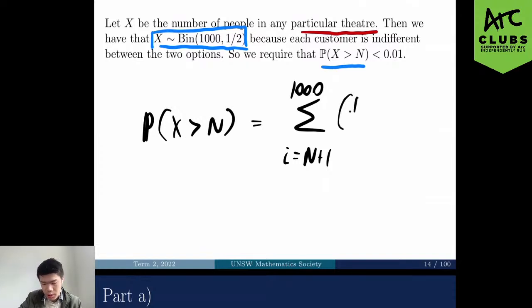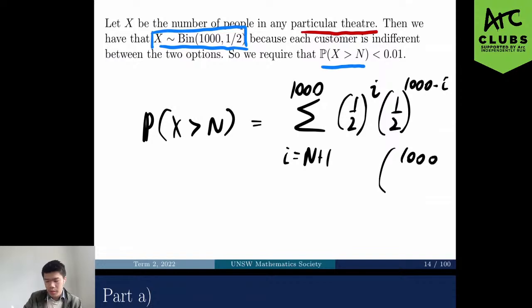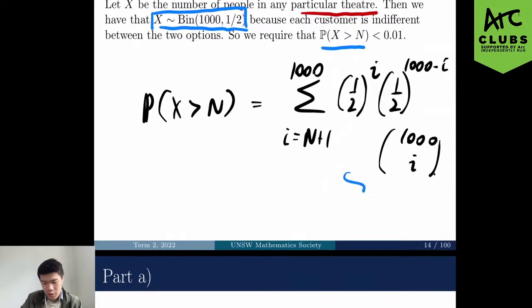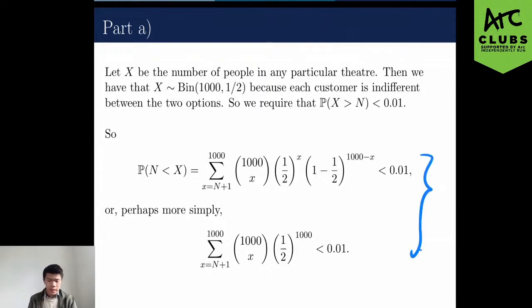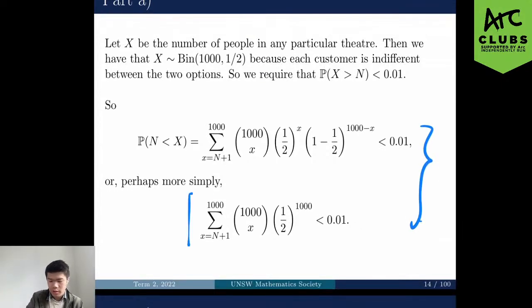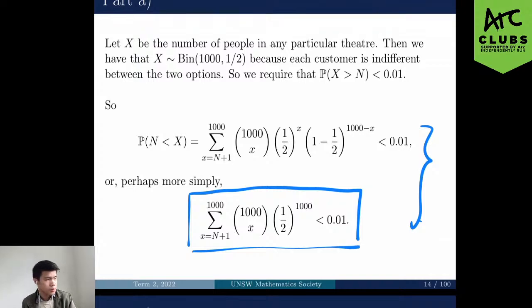So (1/2)^1000 times 1,000 choose i. And this is just the PMF of the binomial distribution. Okay, and so we've got that over here. And we simplify to get that this thing over here needs to be less than 0.01.